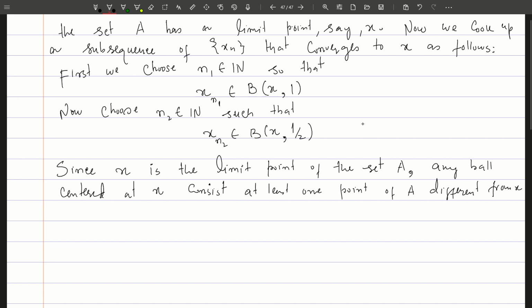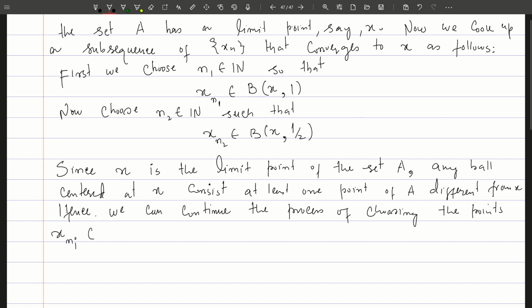Hence we can continue the process of choosing the points x n_i in the ball centered at x and radius 1 over i indefinitely.